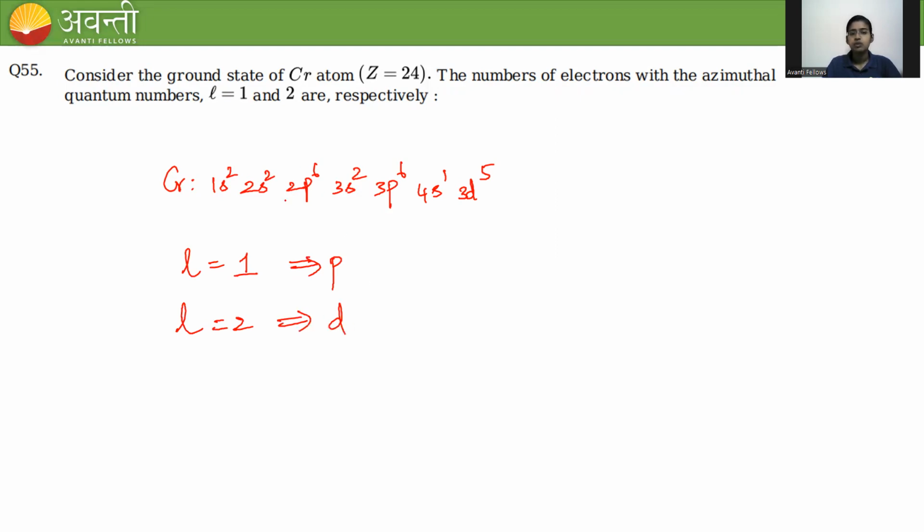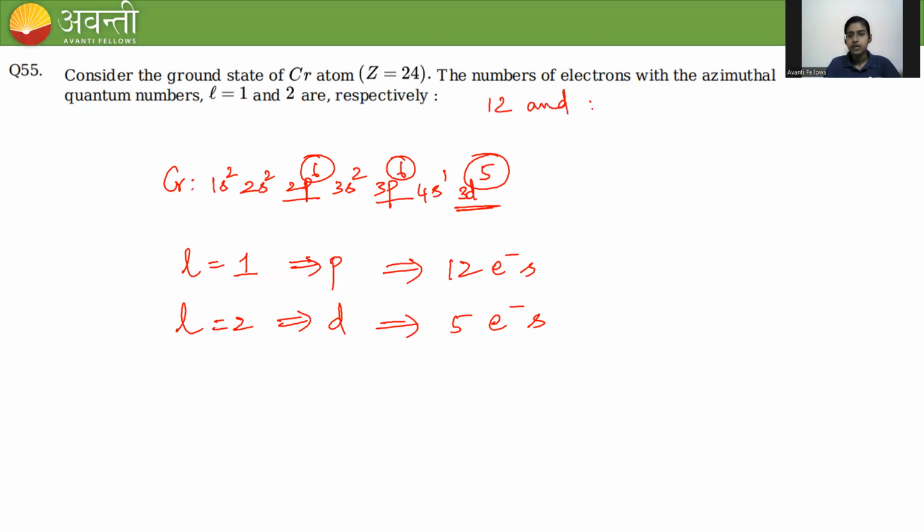And we have 2p and 3p, so totally we have 6 electrons each. So totally 12 electrons for l equal to 1. And for l equal to 2, we have only 3d, in which there are 5 electrons. So the number of electrons with the azimuthal quantum numbers l equal to 1 and 2 are 12 and 5.